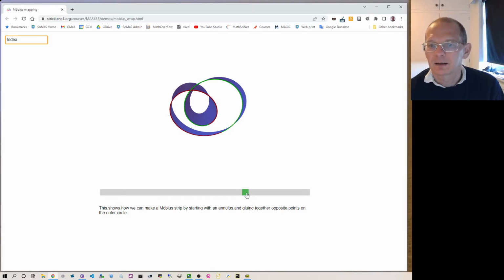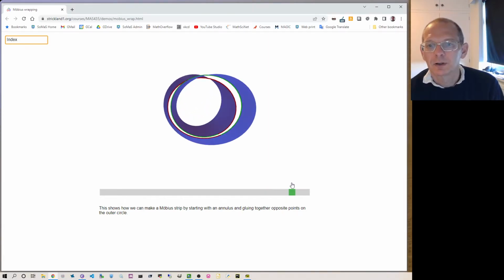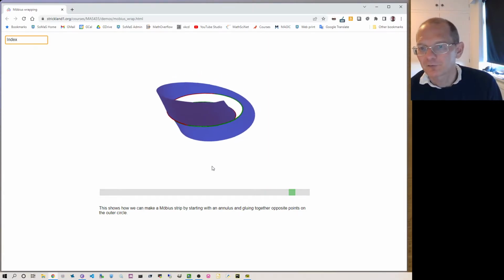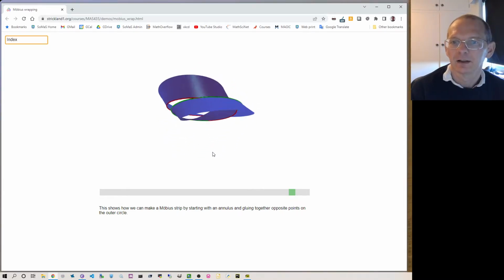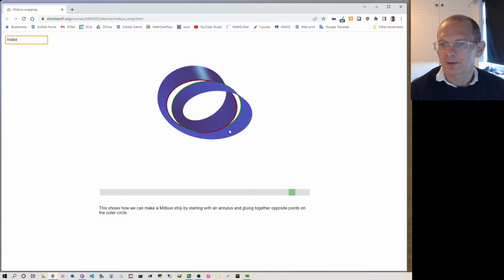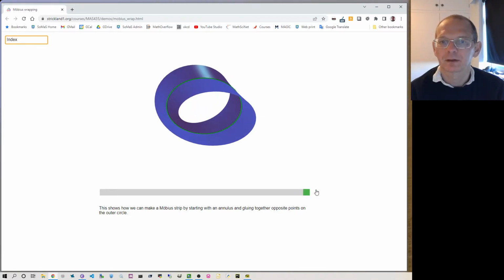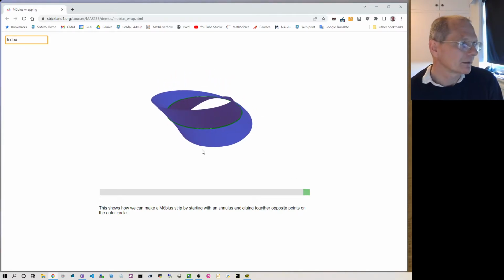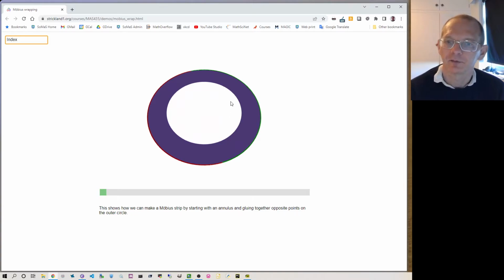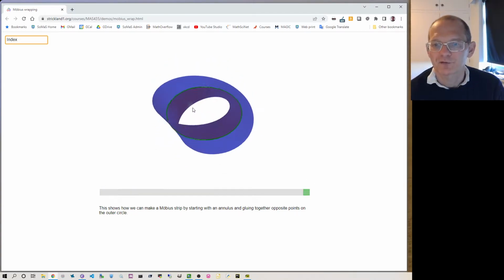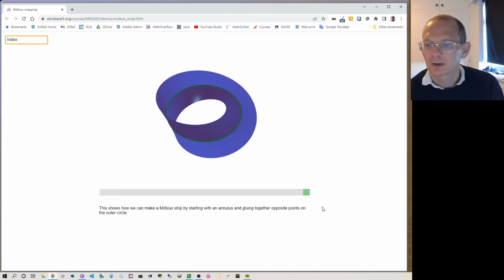Then we need to glue. We marked half of the edge in green and half of the edge in red, and now the red bit and the green bit get glued together, and we get this. So we get a Möbius strip. The marked edge becomes the central line of the Möbius strip.